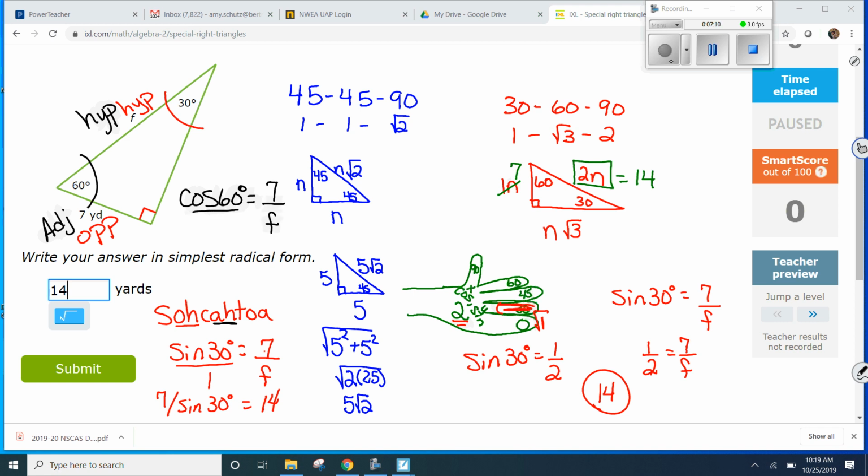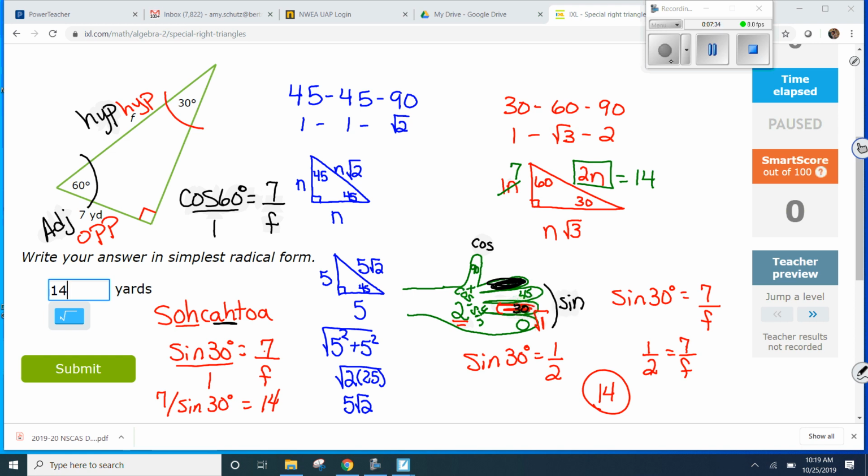Put this over 1 again. If you had your calculator, you could say it's 7 divided by the cosine of 60. But since you don't, now remember there's this 30 here. So this finger is back, the one that's in red. So what I'm going to do now is fold my pointer finger, because there's my 60 degrees. So this is my cosine, and here's my sine, looking at the hand.